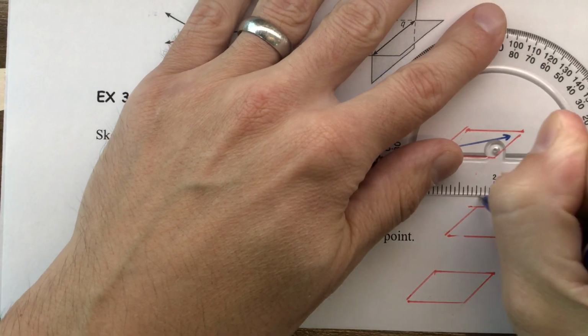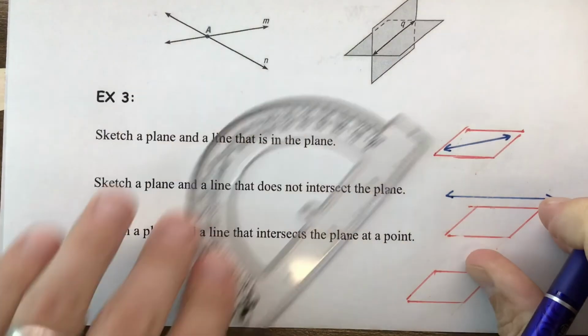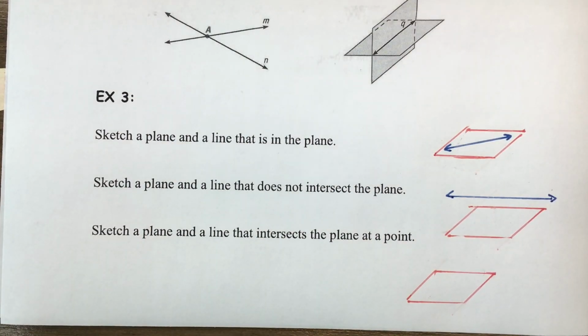So somewhere above it is probably a good place. You could do it on the bottom side of the plane as well, but it's probably easier to draw it above. And again, this takes a bit of imagination to accept what we're doing here, but we're trying to show that there's a plane that's extending out, and then that line just floats above it, running parallel. If it tilts at all, eventually it runs into the plane, which is what the last one is going to cover.